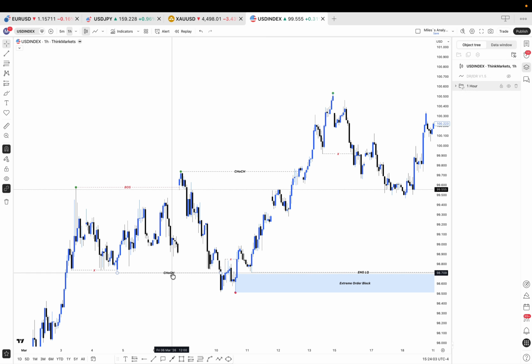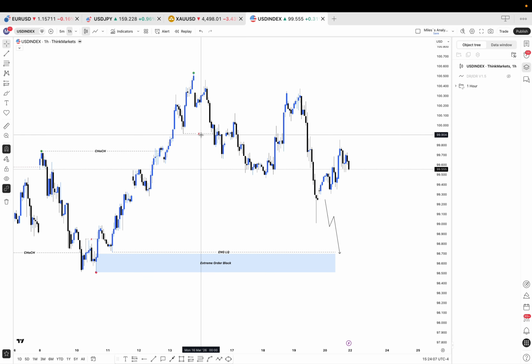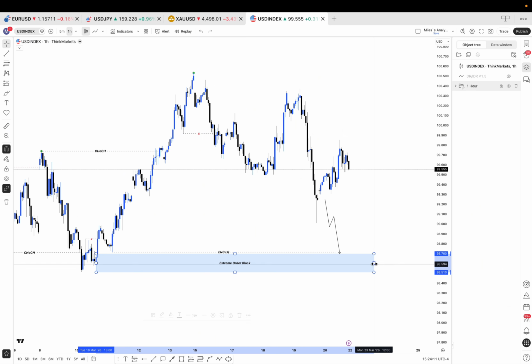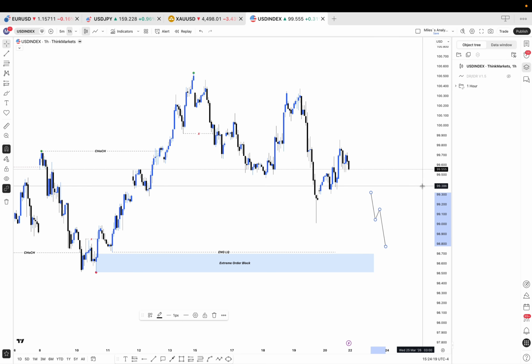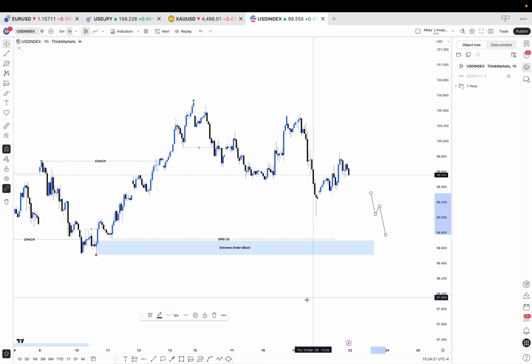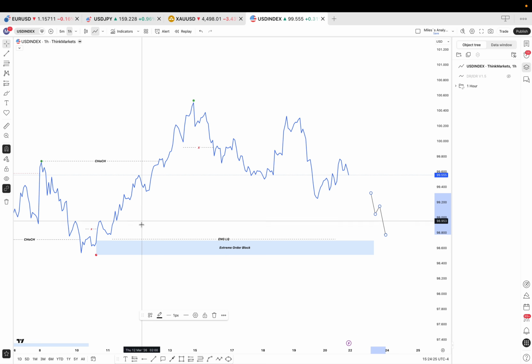Price created this change of character, then again another change of character, then here price took out adjustment, and we have an extreme order block which is unmitigated here, and price is currently in a bearish market on this complex pullback, and it's possible that price will go bearish when the market opens if this support level is broken.